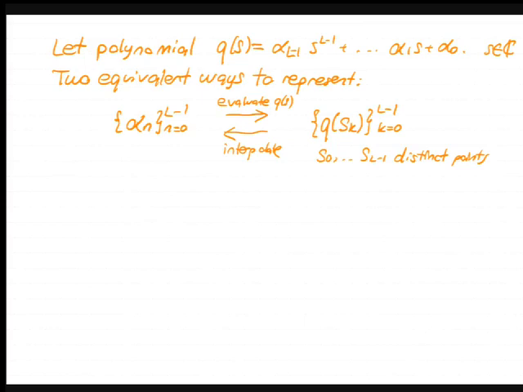Okay. So essentially this is a little like x of n, and this is a little like x of k, because at the end of the day we have L numbers, right? They equivalently represent the same thing. Okay? So it's similar in a sense.